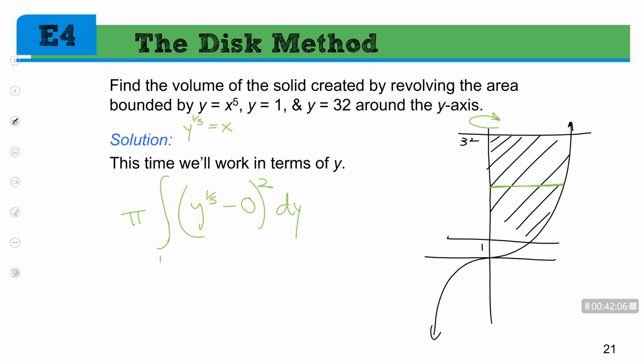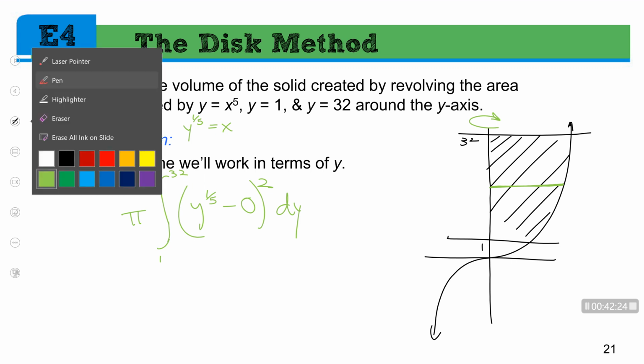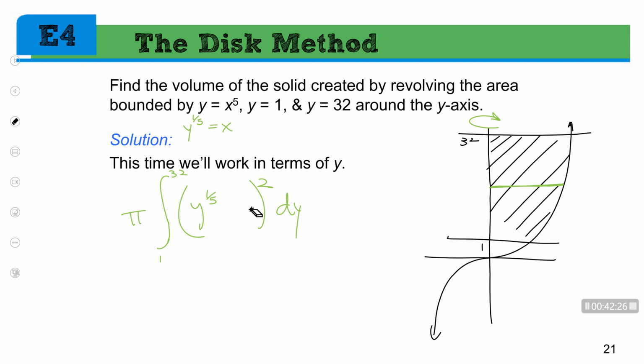Okay. Why did I add the minus 0 in there? Because I'm showing you what happens if it's not the x-axis. You're still going to do right minus left. So if I move that axis of revolution over 1, things change. Okay. And based on what Danny said, of course, we're not going to do that because we're all pretty bright.